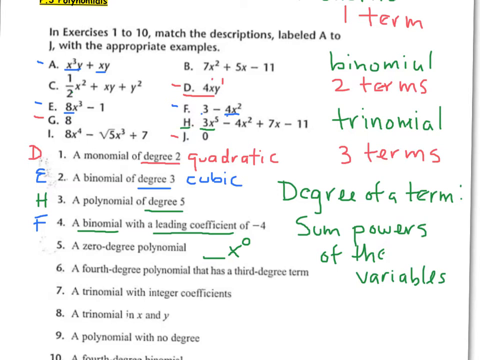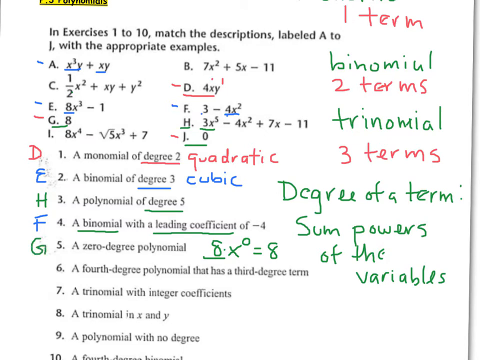So as we look at the polynomials that are left, we've got numbers in part G and in part J. Going back to G, if I were to write this as 8 times x to the 0, that's also equal to 8. So we've got an answer to number 5 that's going to match with part G.